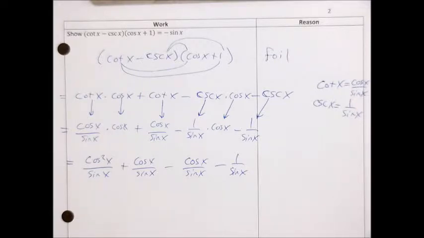I'm happy to clarify if you want me to clarify something. Now at that point, some stuff cancels. You can keep on simplifying. You're going to need the Pythagorean identity. Just go ahead and tell you that. Sine squared plus cosine squared equals 1. That's going to come into play.